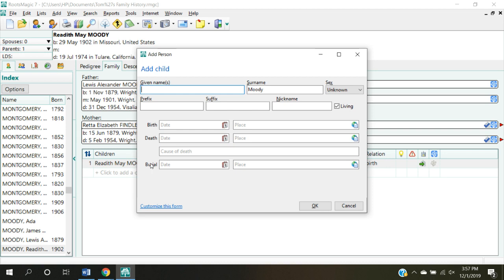So this is how I do research if I have a woman already in there and I need to find her husband. You see how I got her husband's information, how I verified it, and how I entered it into the family tree, and then how I figured out most of their children, 7 of the 9, and how I verified them by using civil records.